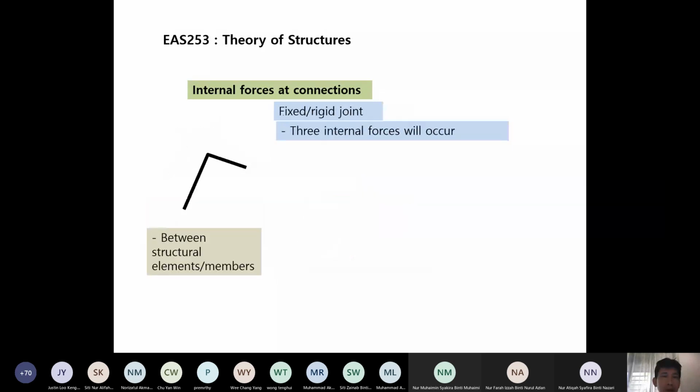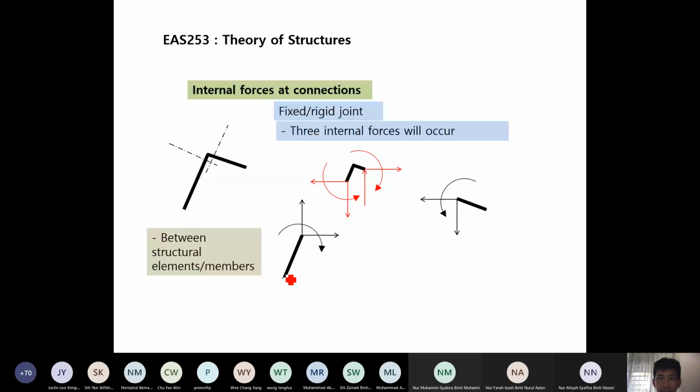If it is a rigid connection, what will happen? How many forces? Again, we have to cut. If you cut here, then in this member, which is connected to these connections, you have three internal forces.